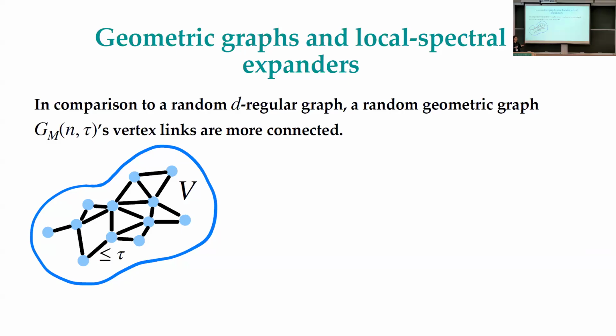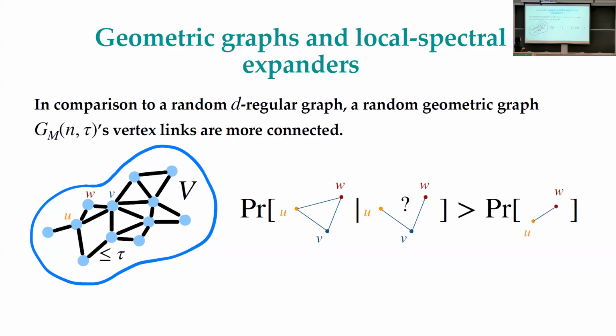We compare these two types of graph, which have roughly the same degree, and think about what the links in the two graphs would look like. Here by link, I just mean I take a vertex and look at the subgraph induced over its neighbors. That's a straightforward way of converting a graph into a two-dimensional complex and looking at its link. That would be precisely the structure we're looking at.